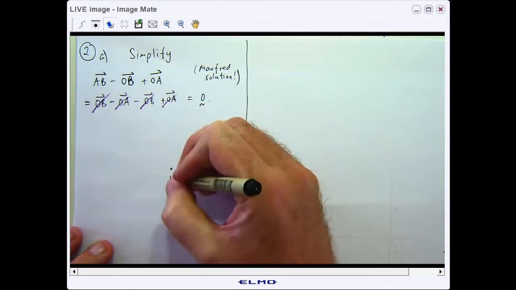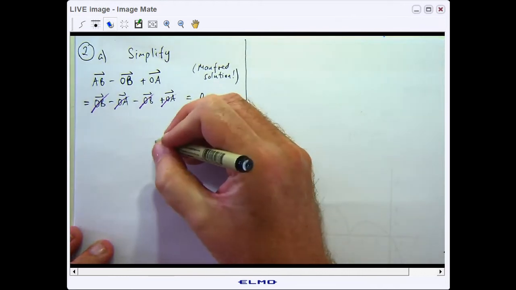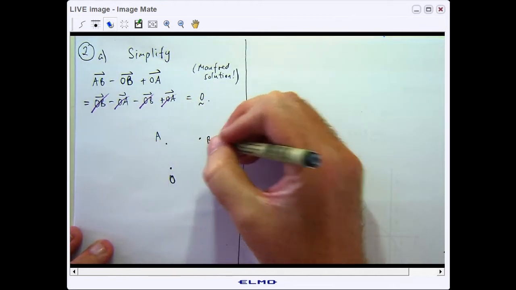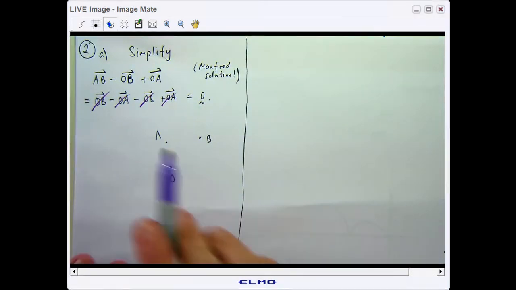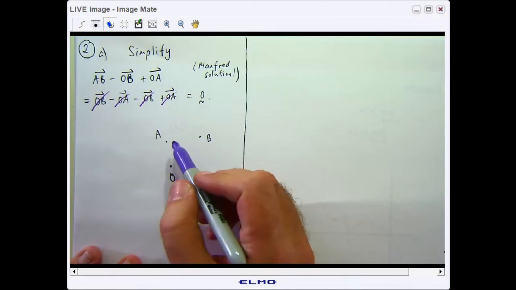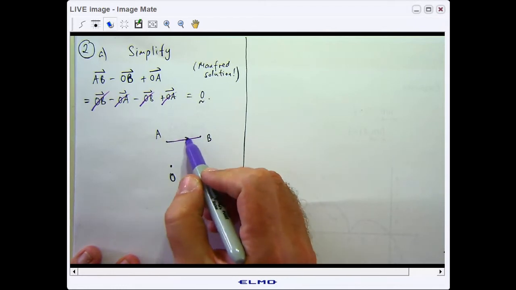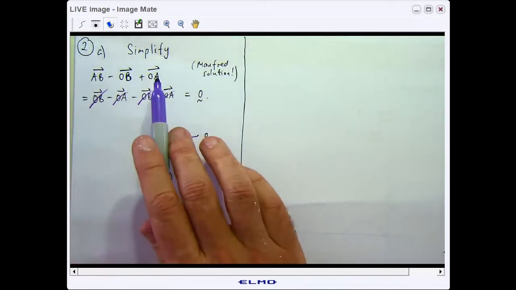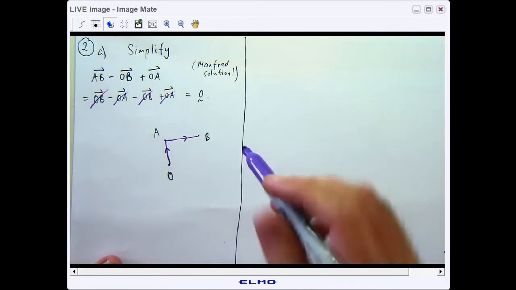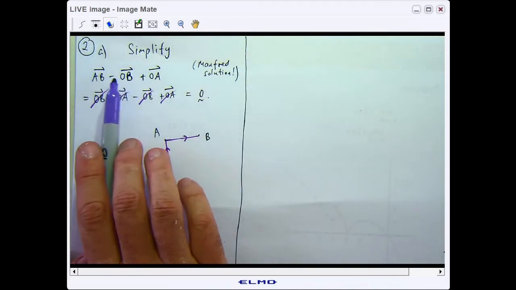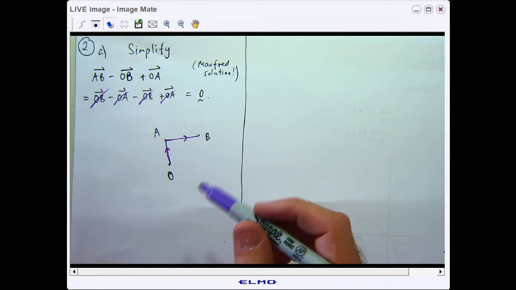So I'm just going to draw these in sort of arbitrarily. I don't really care where they go. And we want the vector from A to B. Look, we want the vector OA. Look. And then we want the vector negative OB.